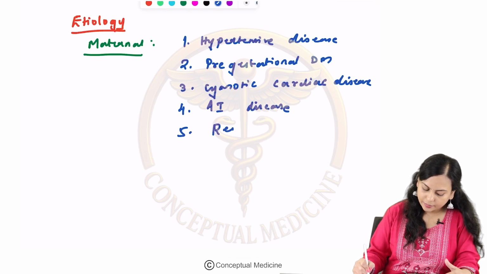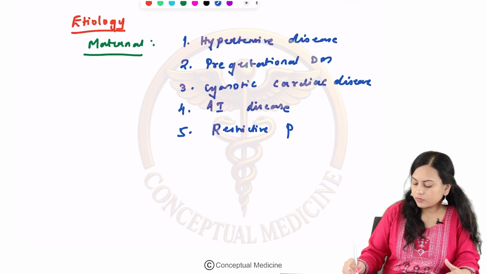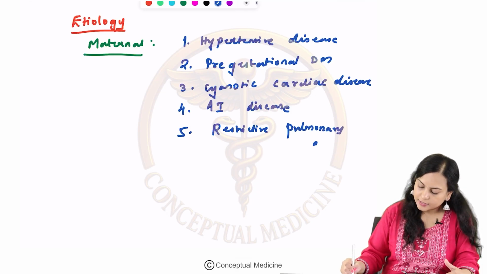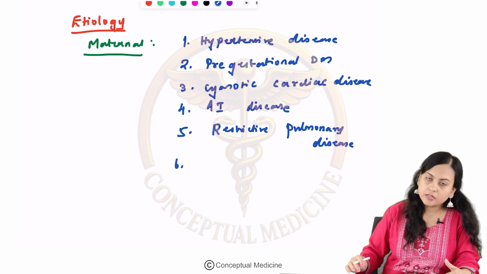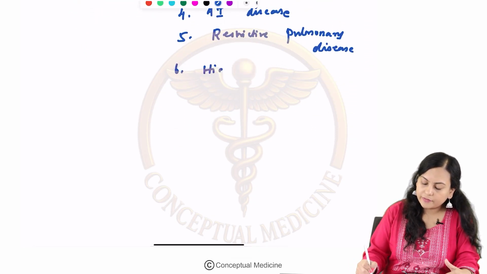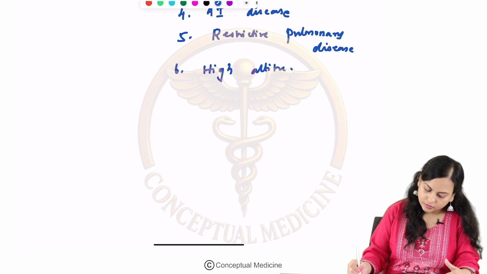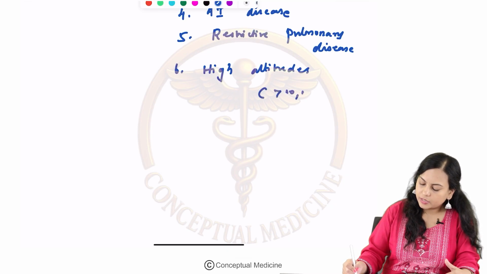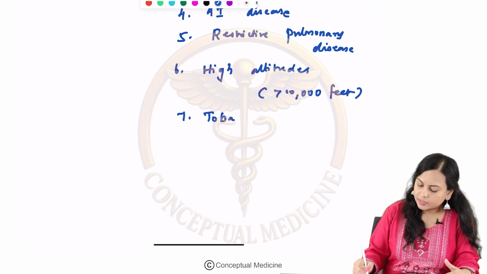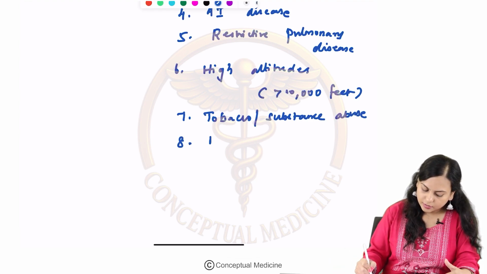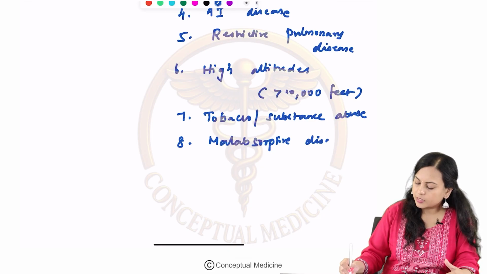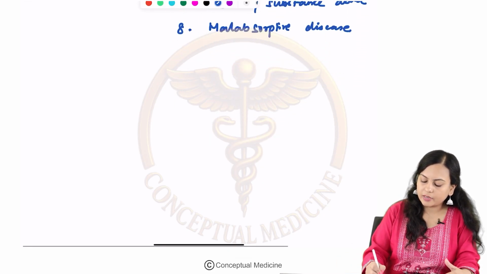Then there can be any restrictive pulmonary disease, or this is also commonly seen in women living at high altitudes, that is more than 10,000 feet. Then tobacco or substance abuse, and any malabsorptive diseases. These are some of the maternal causes for FGR.